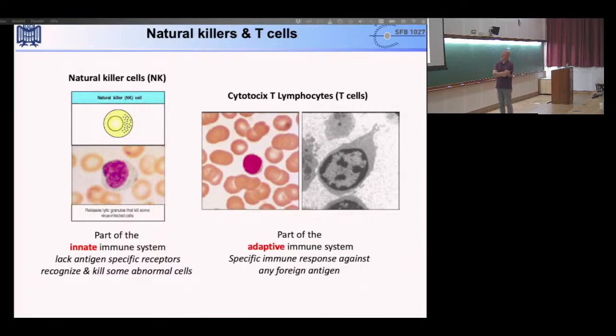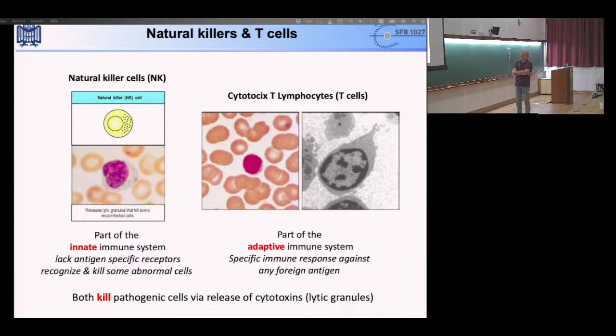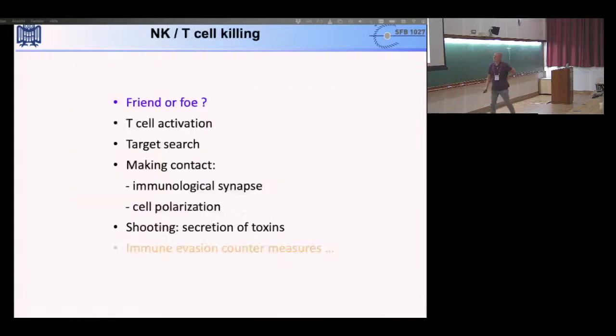That is, they are part of the adaptive immune system. They have a specific immune response against any foreign antigen. Both kill pathogenic cells via the release of cytotoxins, so-called lytic granules, these black dots that you see here.